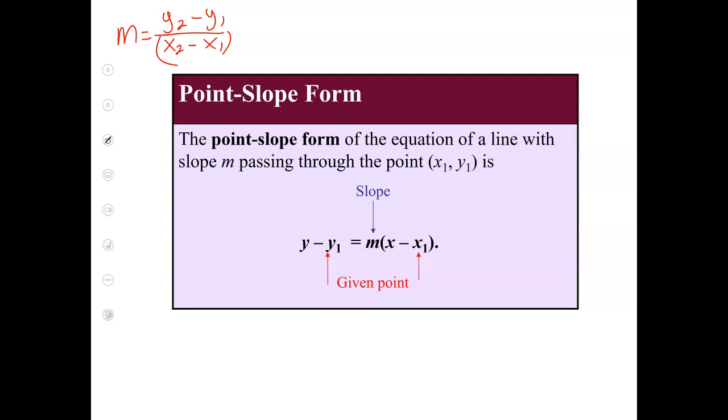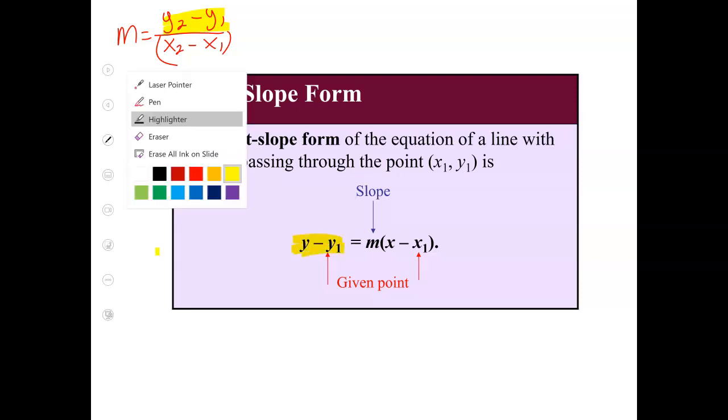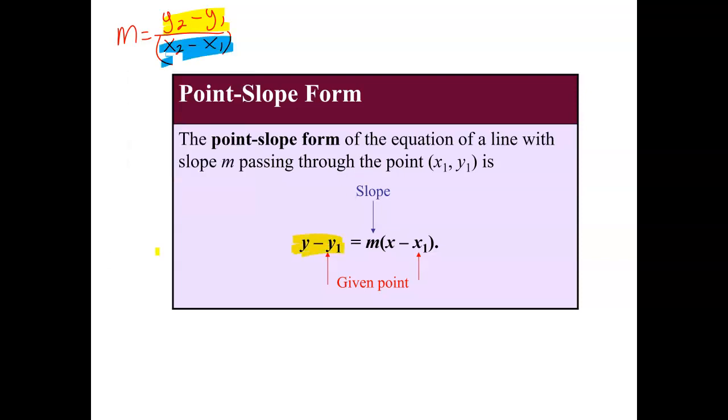Notice how we have this, and we've got this, and then we've got our slope. Okay? By multiplying our slope formula by that denominator, x2 minus x1, it cancels that out of the denominator and moves it over with the slope, and then we get point-slope form. Okay? So point-slope form and slope formula are basically the same equation, just written slightly different.